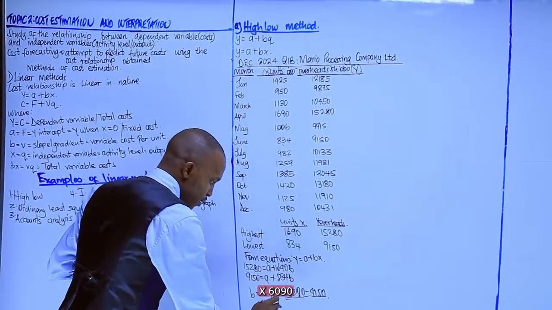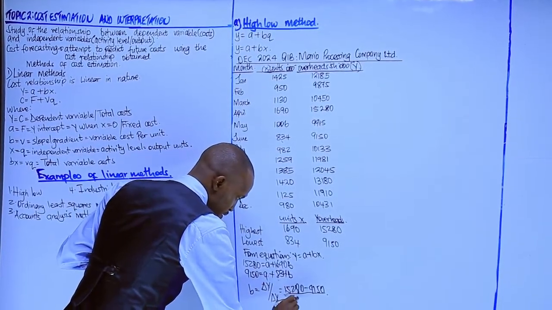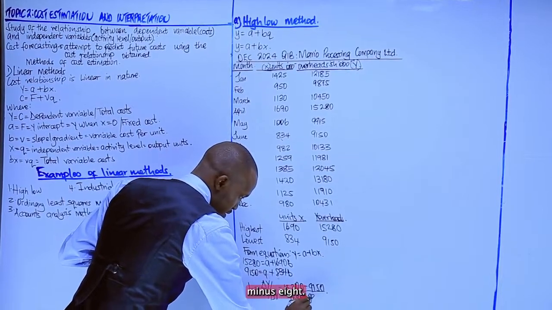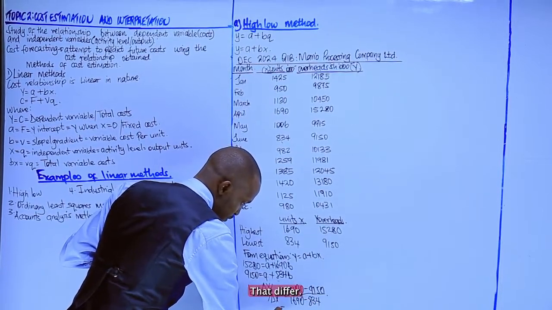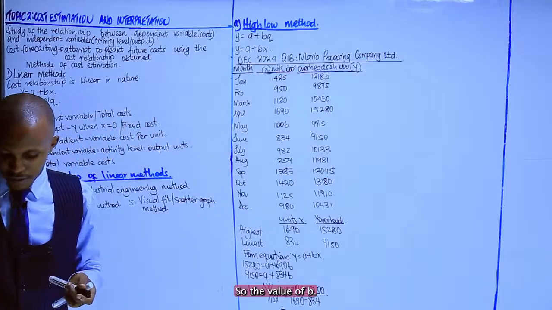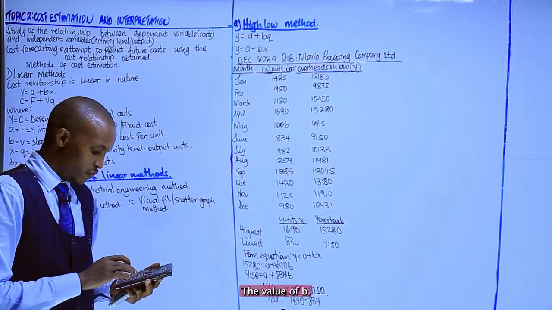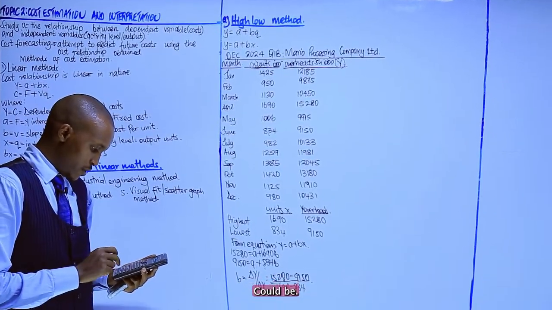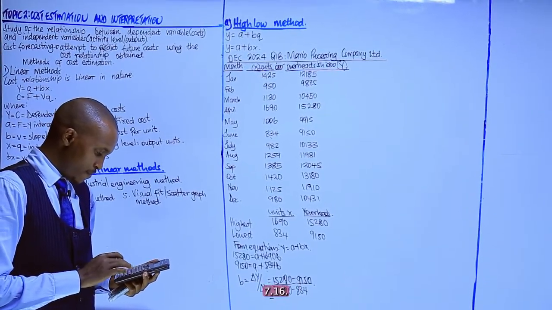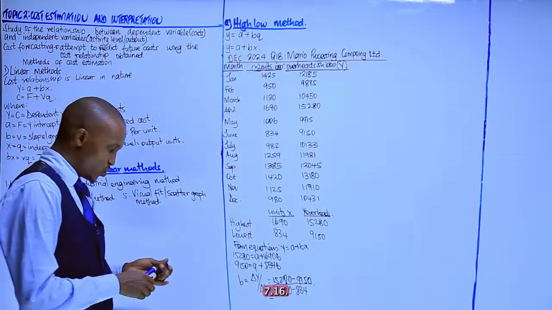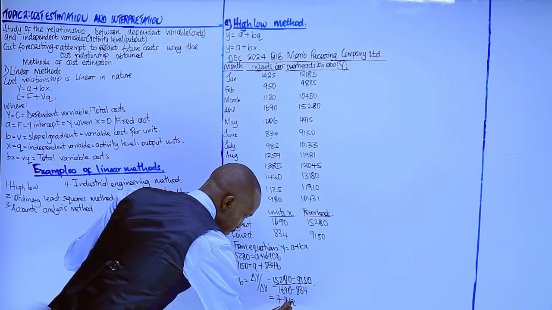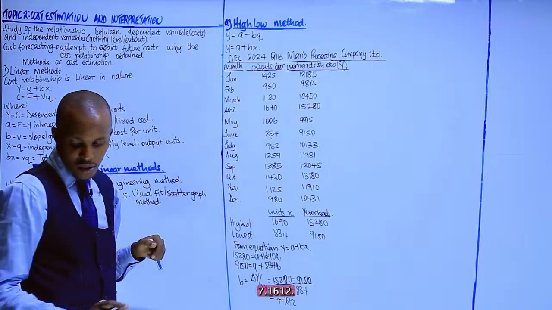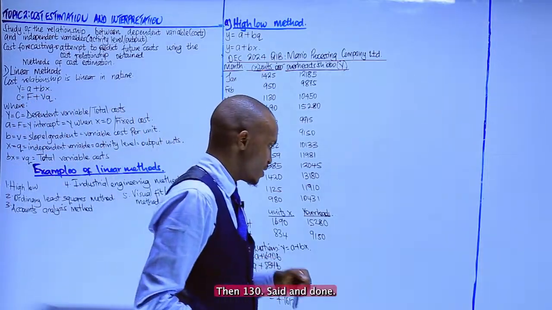X. 1690 minus 834. So the value of b will be 7.16. 7.1612.